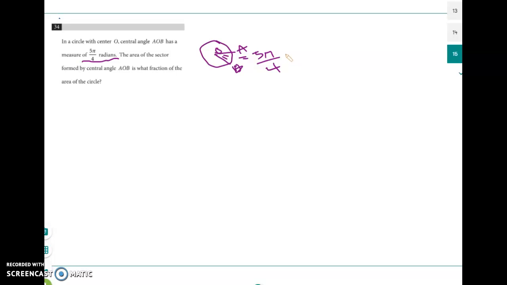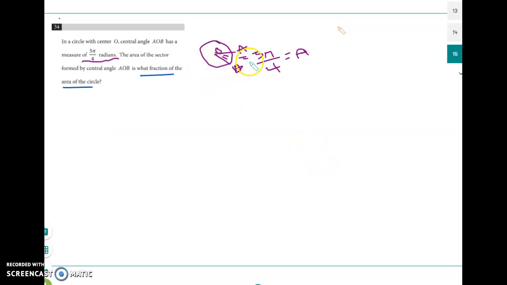So I only knew I was given the area on the first page. Right, like, okay, that's the area. Okay. But we are looking at the area of the, what is that called? The sector formed by this, what fraction of the area of the circle?